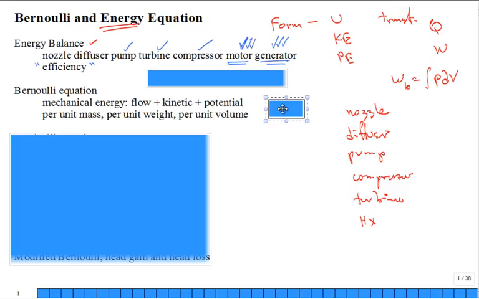So when we think about mechanical energy, it's one of these organized forms. Everything's going at a high speed, high kinetic energy. Everything's at a high potential in a gravitational field, high mechanical energy known as potential energy. And then this hard one, flow energy.